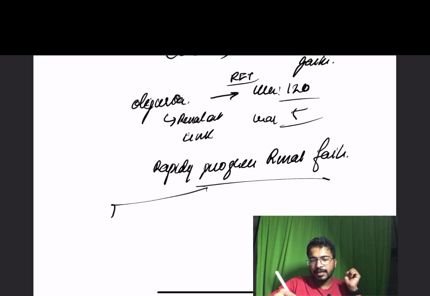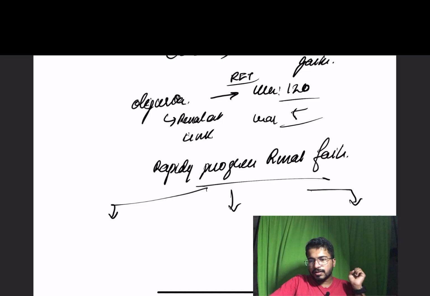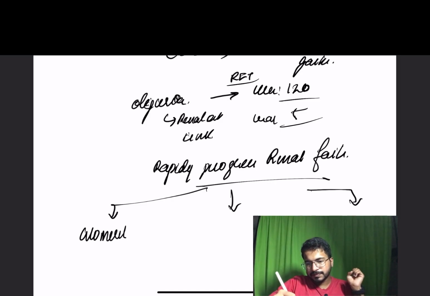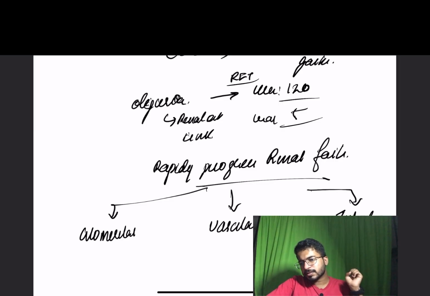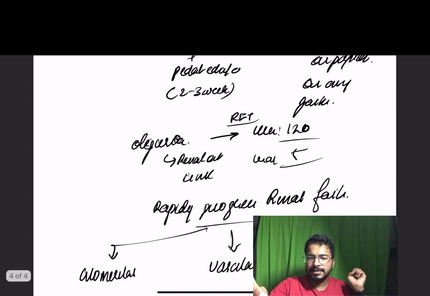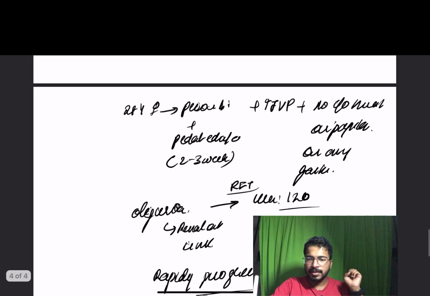So how can we proceed further with this case? This can be due to a pathology of the glomerular compartment, vascular compartment, or tubulointerstitial compartment. What makes you think this patient has a pathology related to the glomerular compartment?